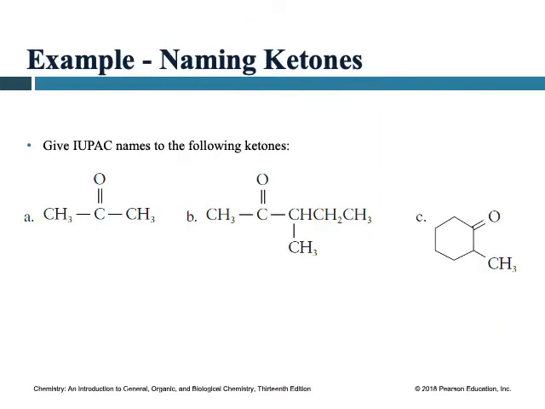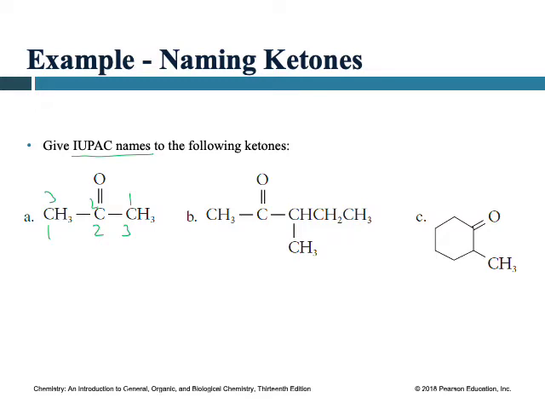So now let's try to do naming for some ketones by using the same rule. Let's try to give the IUPAC name of the following ketone. So how can we number it? 1, 2, 3, or you can go 1, 2, 3. Doesn't matter in this case because the carbonyl group is getting the second number, right? The lowest number can be second, so it doesn't matter for this particular compound.